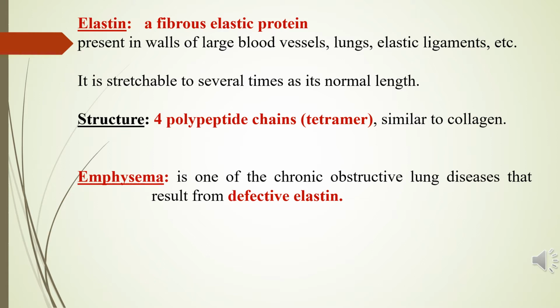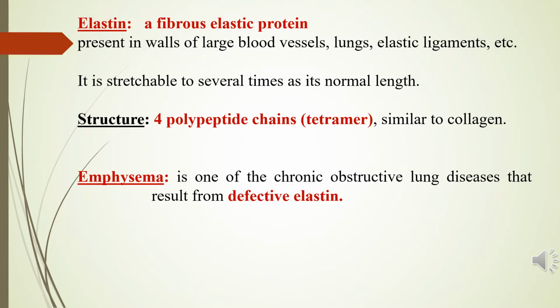So, as we mentioned, elastin fibers can be stretched to several times their normal length and are present in the walls of large blood vessels such as the aorta. It is very important in lungs, elastic ligaments, skin, and cartilage.